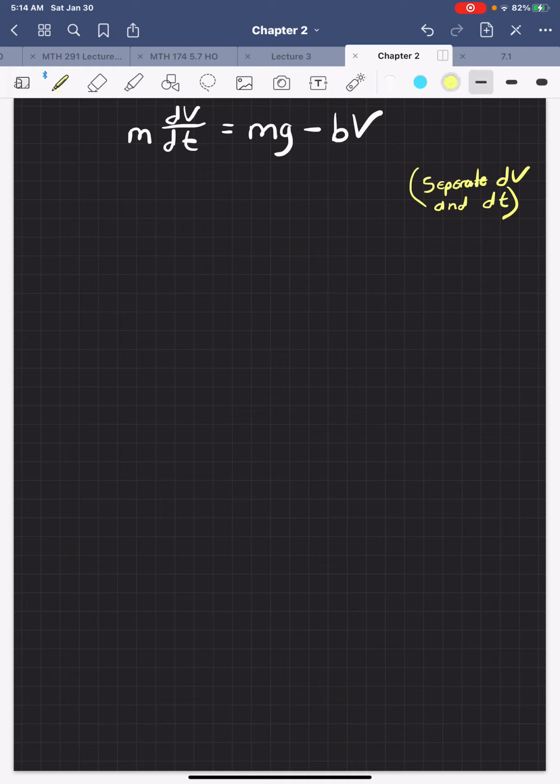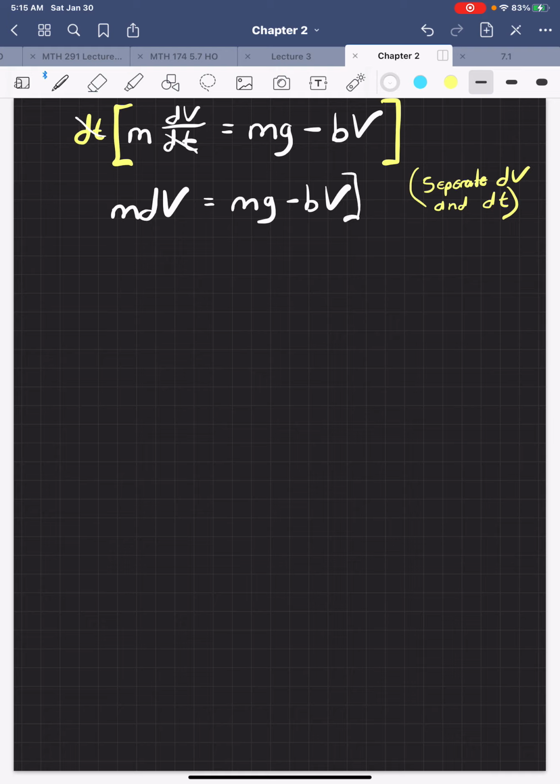Okay, so let's jump right in. I'm actually just going to multiply both sides of this differential equation by dt. Let's see what that looks like. This dt would cancel here, so I'm just left with m dv, and that is going to be equal to (mg - bv) dt.